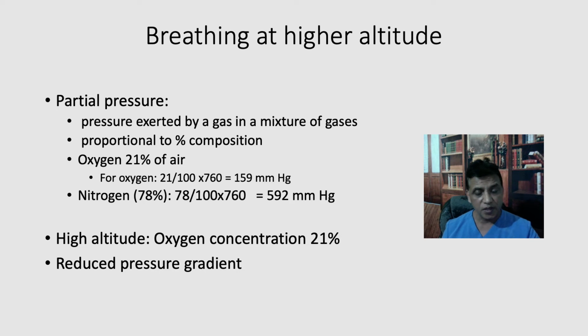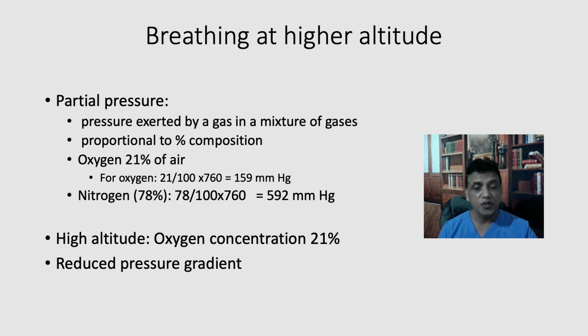This increase in intrathoracic volume leads to further reduction in intra-alveolar pressure and intrapleural pressure. So this further reduction in intra-alveolar pressure leads to greater pressure gradient between the outside air and the air inside the lungs or the alveoli, thereby allowing air to flow in from the outside or the atmosphere into the lungs.